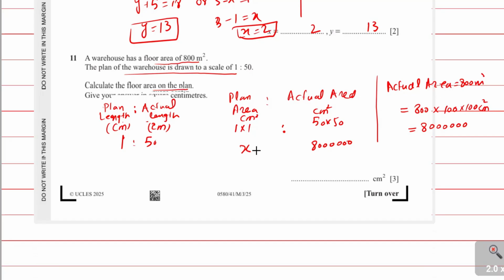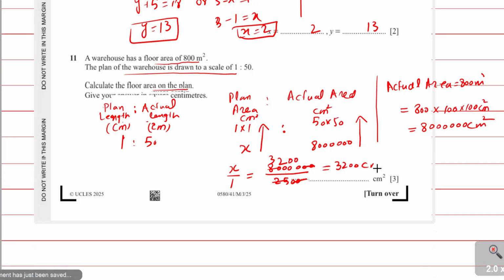We suppose that this is x, and we can calculate by using the arrow method, and this ratio is x over 1, and this is 8,000 over 2,500. 20 would be cancelled. 25 times 3 is 75, 5 will be carried, and 25 times 2 is 50, and 20 we write as it is. This is 3,200 centimeter square value. We write 3,200 centimeter square. This is the answer.